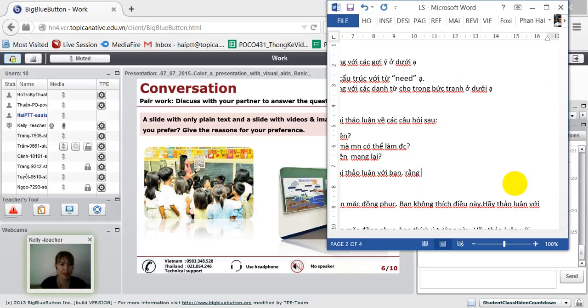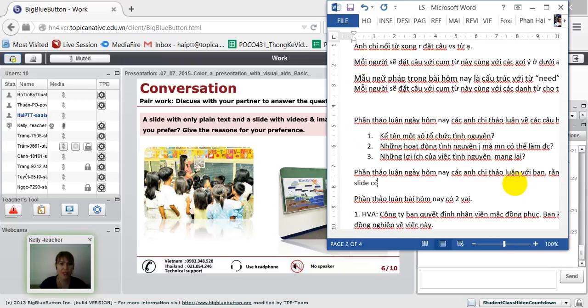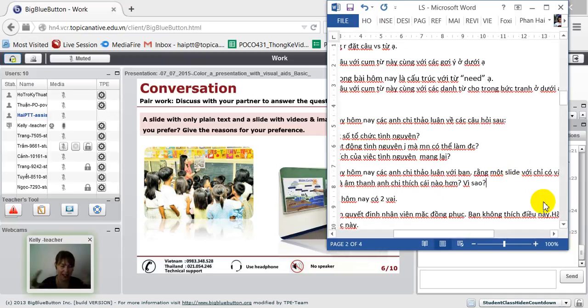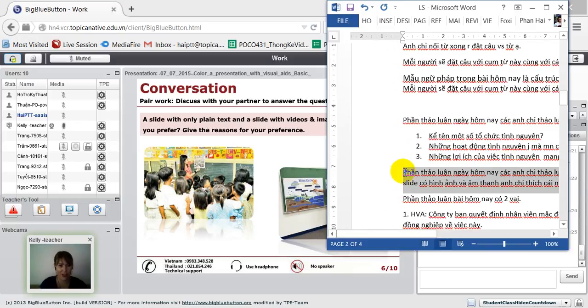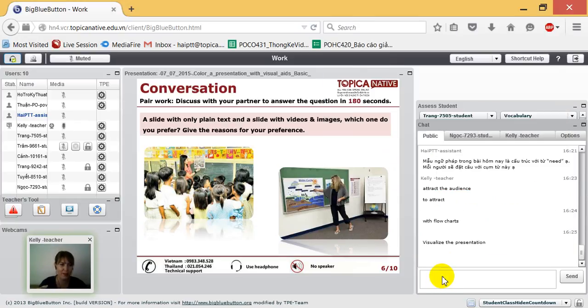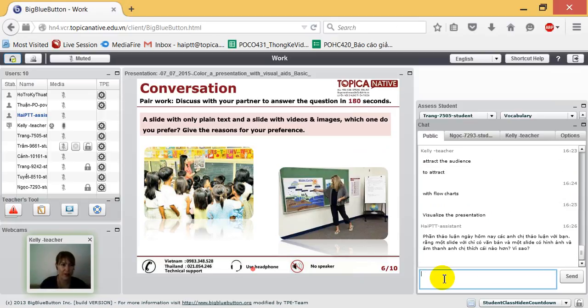So the scenario is, which do you prefer? A slide with only plain text, or a slide with videos and images? All right, so which one do you prefer? So talk about your preference and get really detailed. So try and make it as full a conversation as you can, even though it's a very simple answer. Try and get creative and build it into a good two-way conversation.